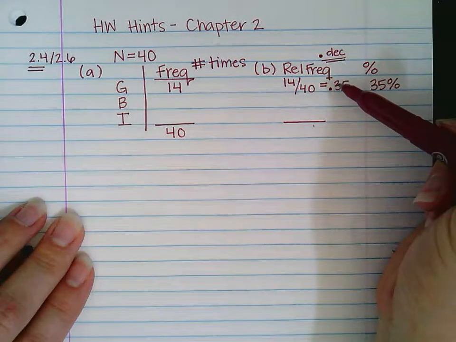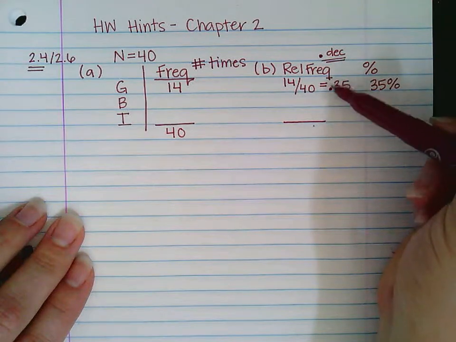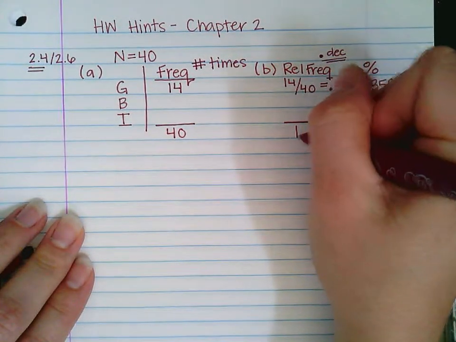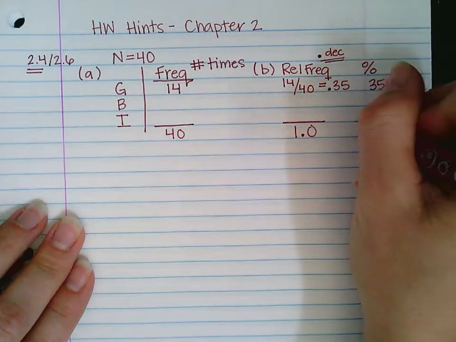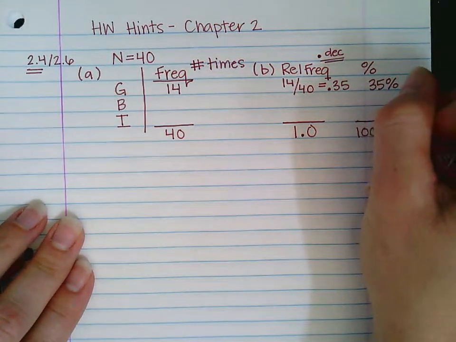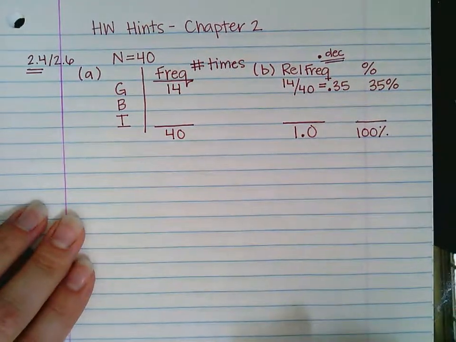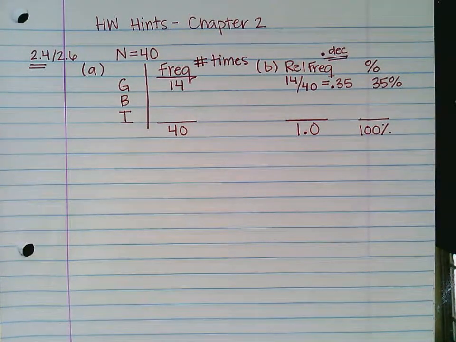So the way to check is this sum should add up to 1.0 and this sum should add up to 100%. Okay, you don't need to show that work for justification pieces. I'm only telling you that because it helps you make sure that you have the right answer. It's a nice check for understanding while you're doing it.